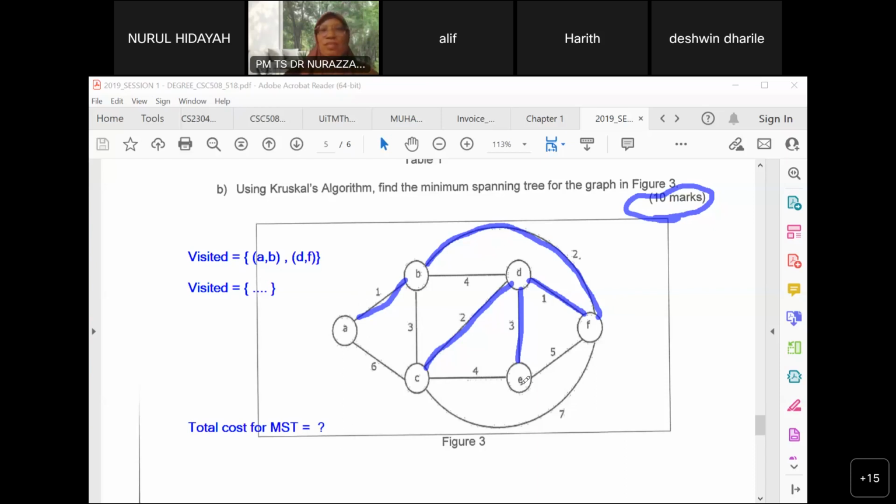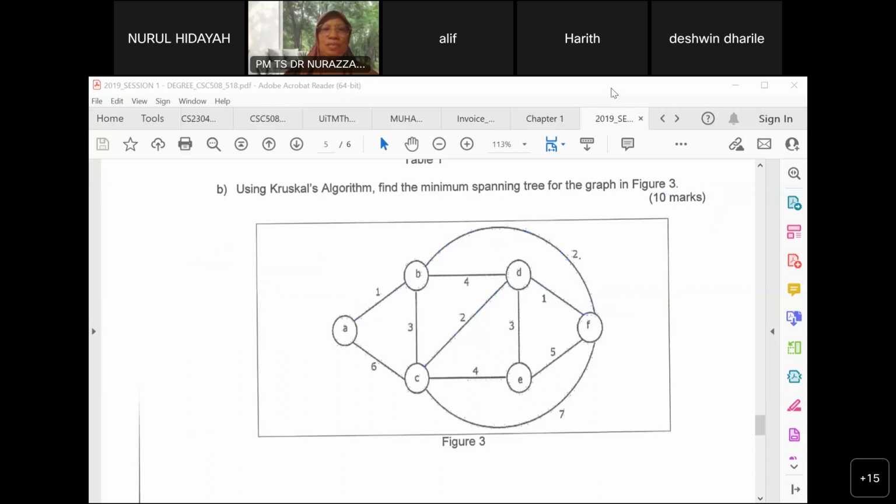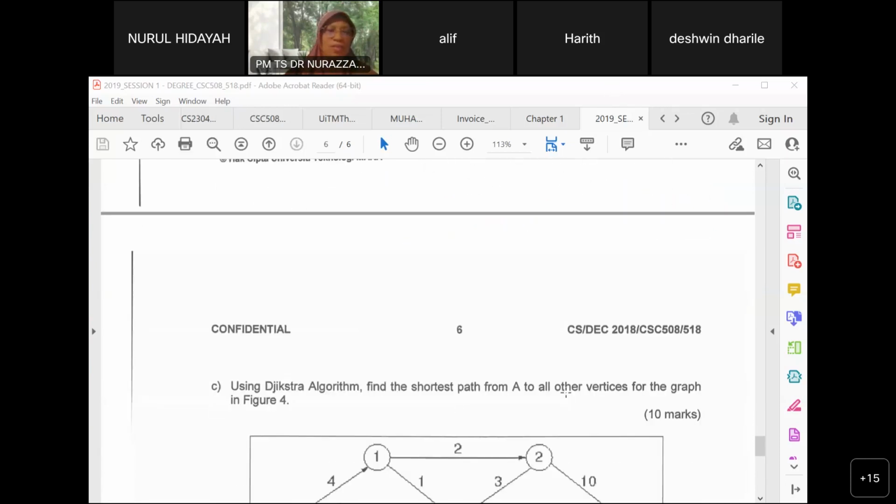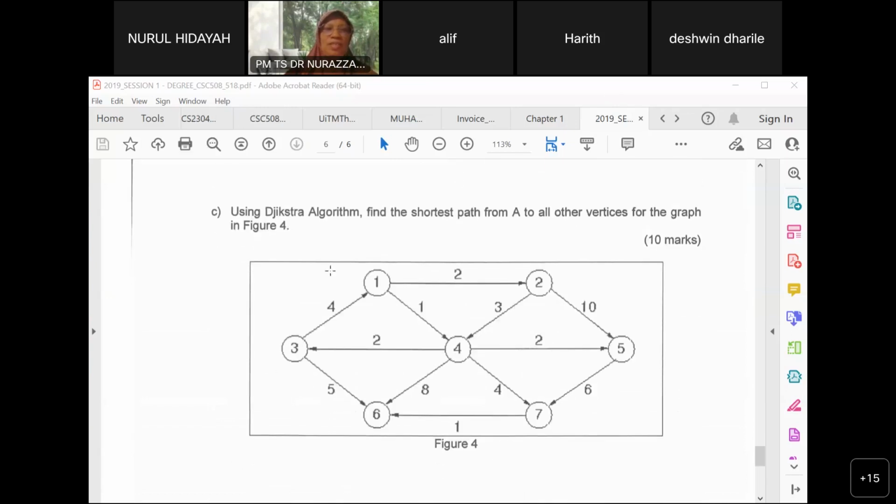Okay, so you can do this one. Let's see another. Is there more? Oh, C. Using Dijkstra algorithm, find the shortest path from A to all other vertices.